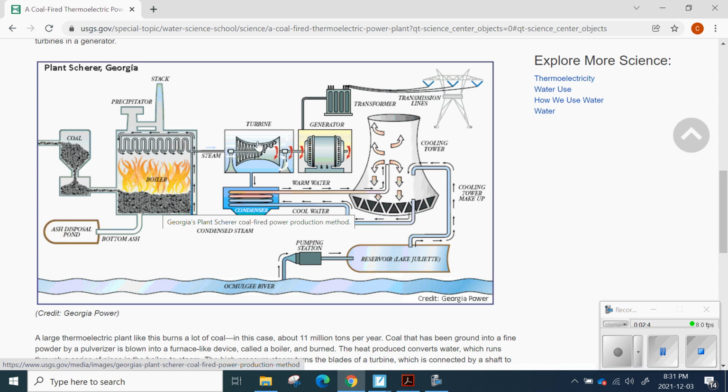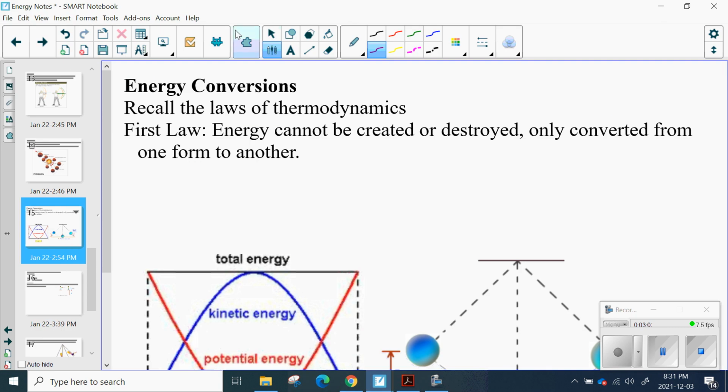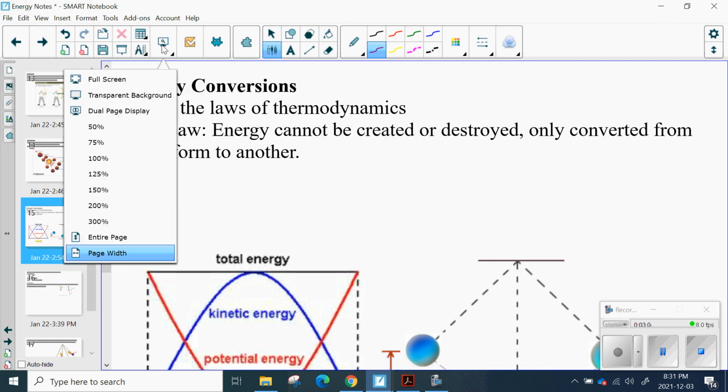And then what it's going to do is turn a turbine. That's now mechanical energy. The turning of that turbine is connected to an electrical generator, which converts it to electrical energy. So these are all energy transformations that are taking place. In this case, from chemical eventually to electrical potential energy, which again can be used for various different kinds of work.